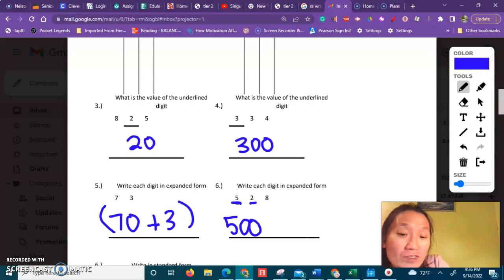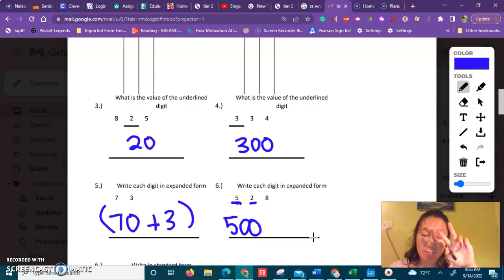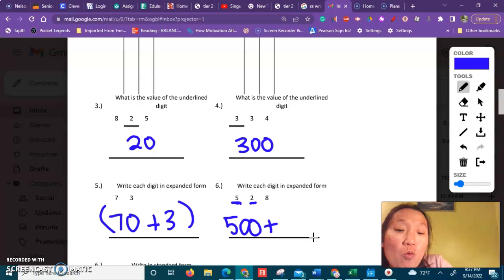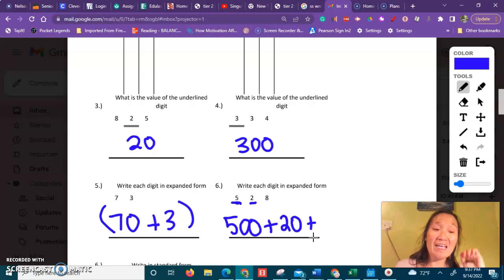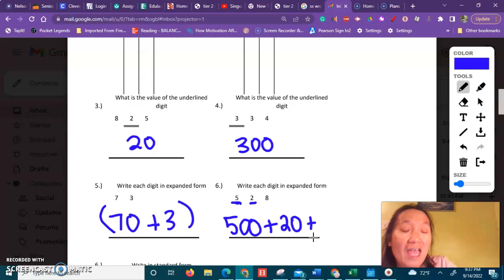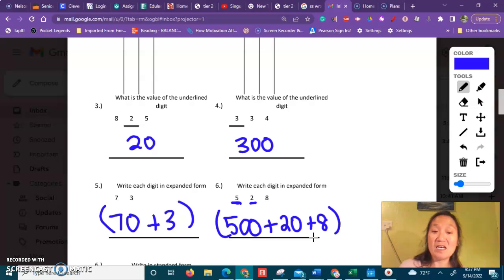I have 2 $10 bills, 2 pieces of paper. But how much is that paper worth? It's worth 20. I have 8 $1 bills. How much money do I have altogether? $8. I put that all in parentheses because that is expanded form. The parentheses tell me it's all together.